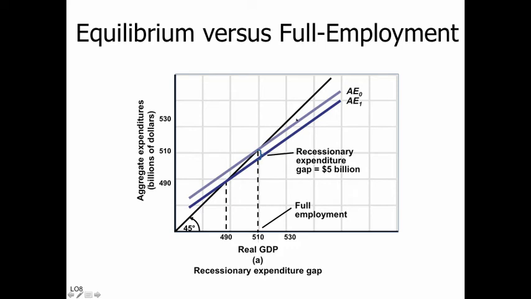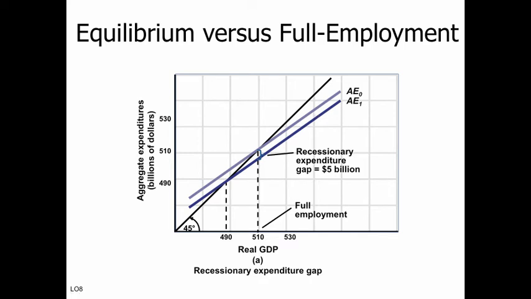The recessionary gap looks at the two spending lines and asks the question, how much more do we have to spend in the economy to put us at full employment? So again, here's our current spending line, and here's the spending line we want to be on, this one right here. So what's this vertical distance right here between the two spending lines?